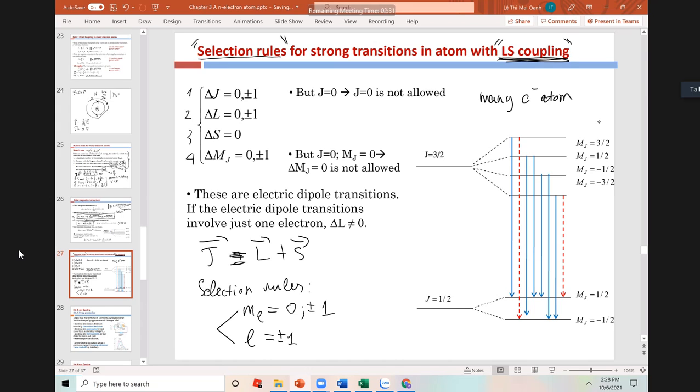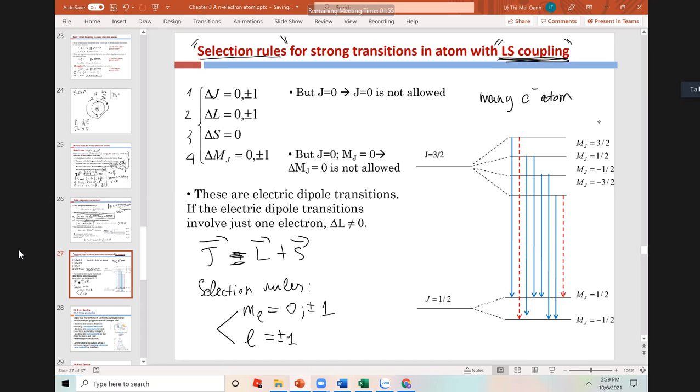Okay. And then you have other selection rules for the spin orbit coupling in many electron atoms. You have four points here, and you need to remember: delta J is 0 or plus minus 1, delta L is 0 or plus minus 1, delta S equal to 0, and delta MJ, similar to ML here, is MJ equal to 0 or plus or minus 1.